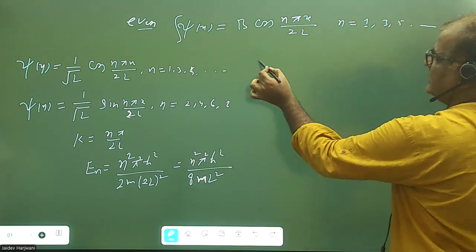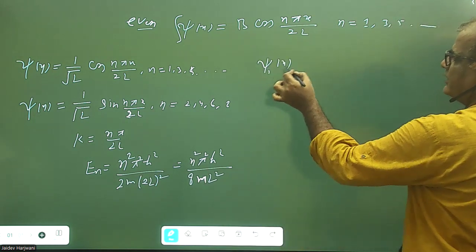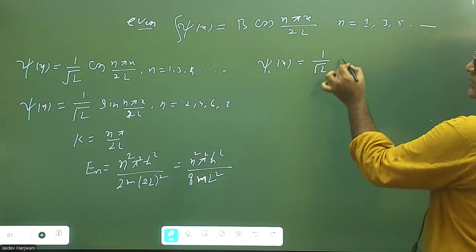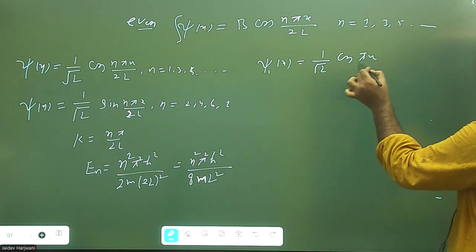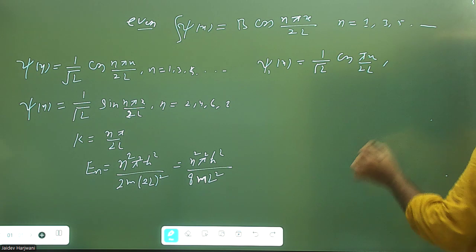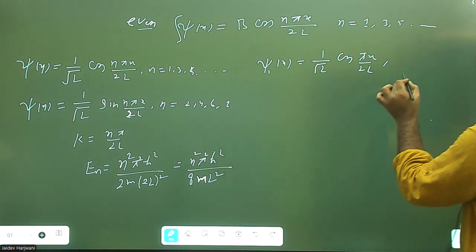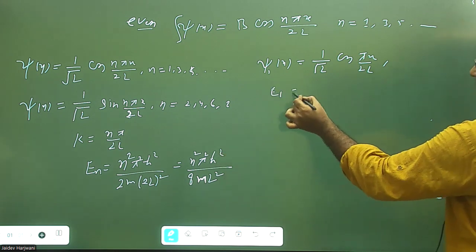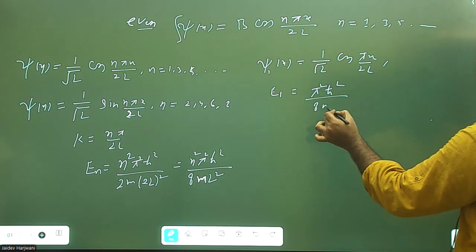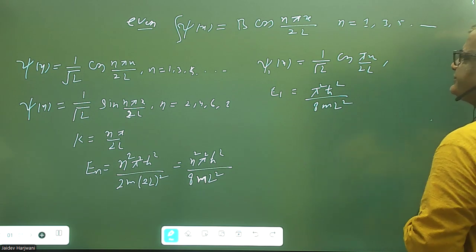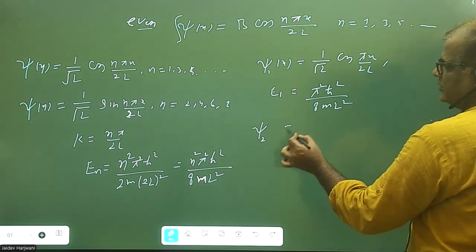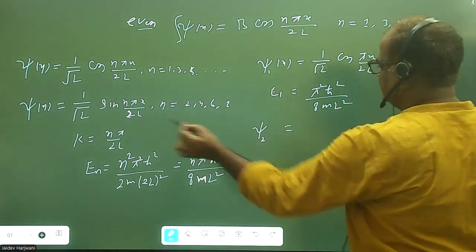So my psi 1, with n equal to 1, will be 1 upon root L cos pi x upon 2L. This is my ground state wave function, and the energy E1 will be pi squared h cut squared upon 8 m L squared. Similarly, for psi 2 we use the sine expression.